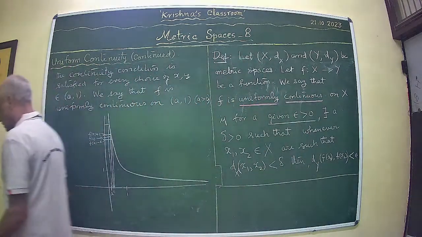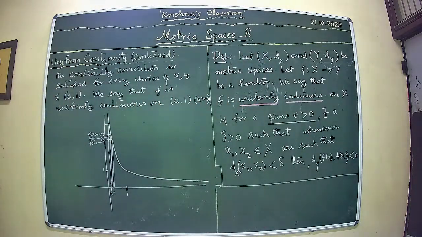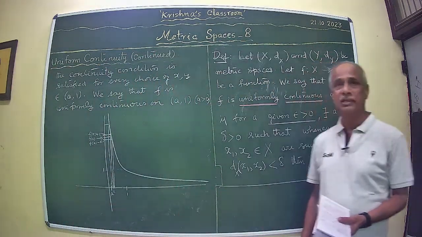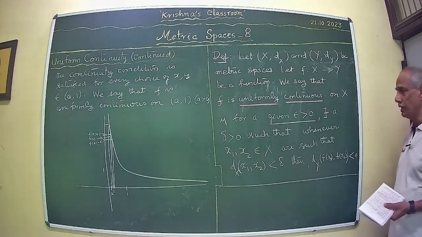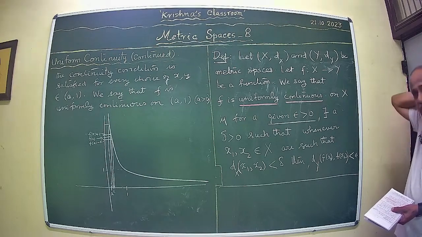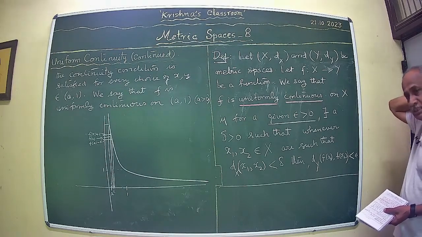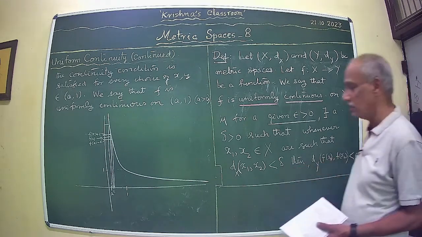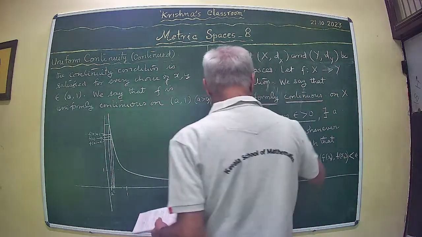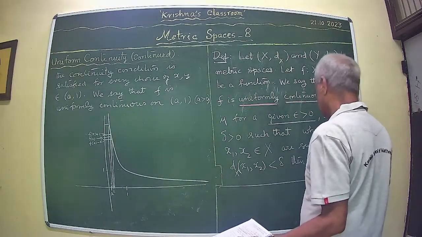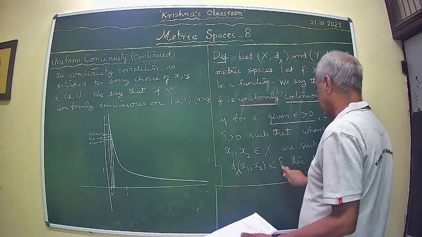And if you carefully observe, our example satisfies the condition whenever a is positive and we are discussing the problem on the interval a to 1. But whenever we discuss the problem on the interval 0 to 1, then you see that there is no such universal choice. What happens is this. Naturally, for a given epsilon, you fix epsilon, delta has to be small.